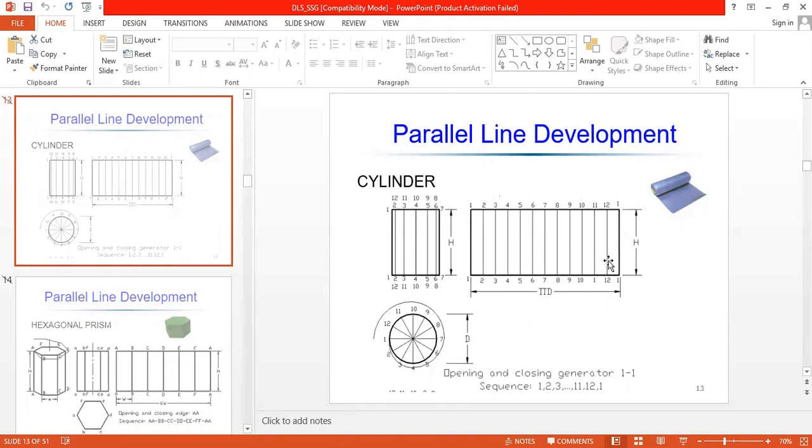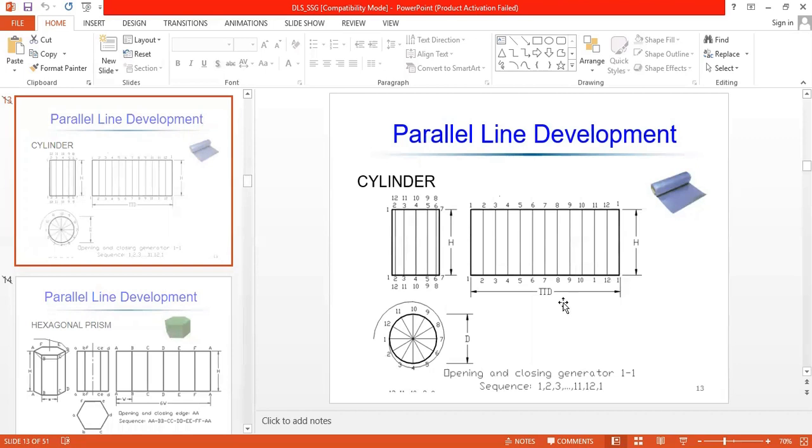We know pi is 3.14, so do the multiplication, see the value of that, and take that much distance on the baseline, or base of the cylinder. So take one line parallel to this base.